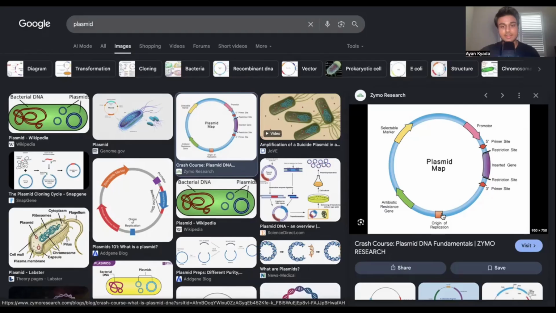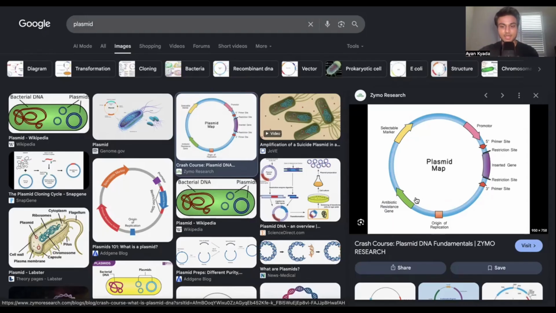Essentially, this is where all the replication machinery, the complexes of proteins, the necessary factors for replication assemble to actually start the process of DNA synthesis. So without an origin of replication, you actually can't copy the gene that you're interested in. So this is a very, very vital part. You need the origin of replication in each plasmid.